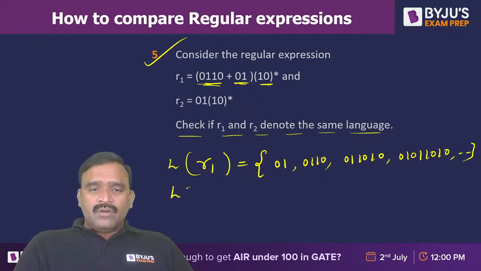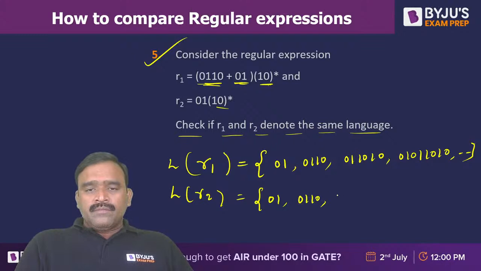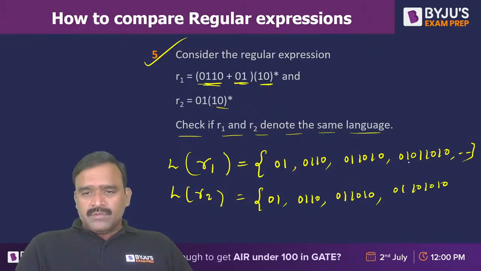In the language of R2, the minimum string is 01. Next, if you take one instance, 0110, 011010, and 01101010 can be taken three times also. 01 followed by 101010, 01 followed by 010.